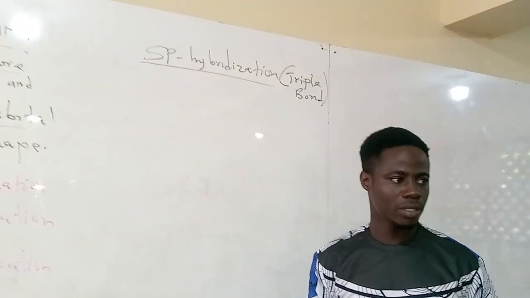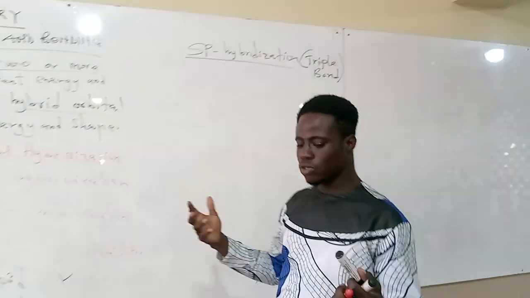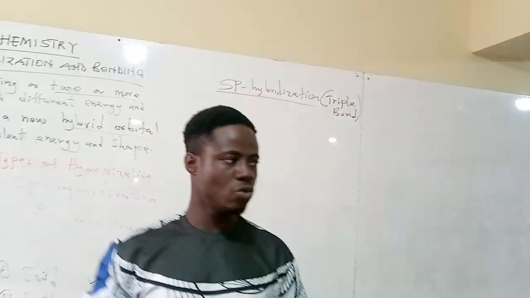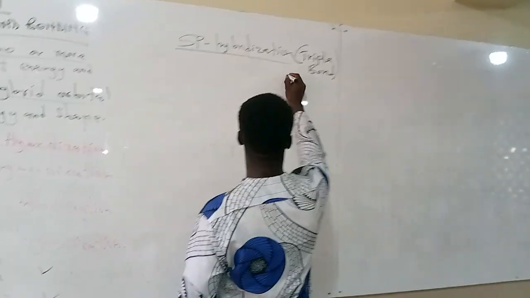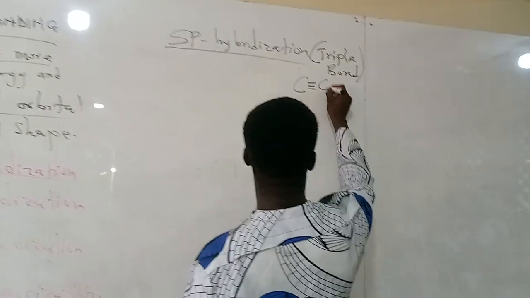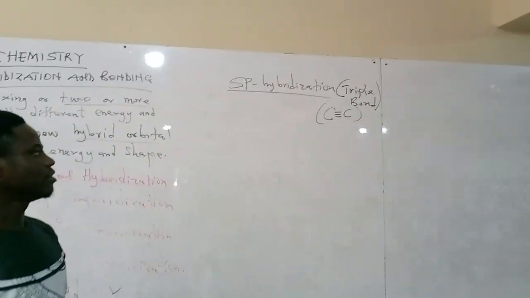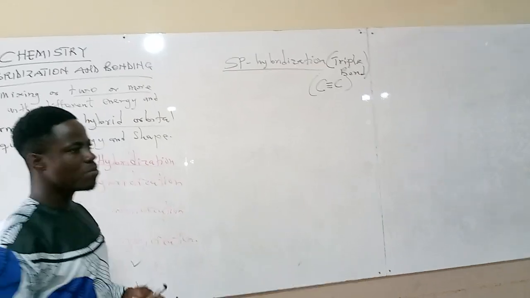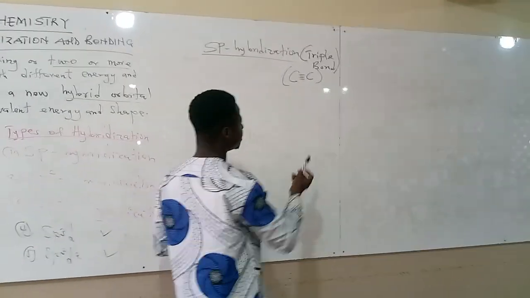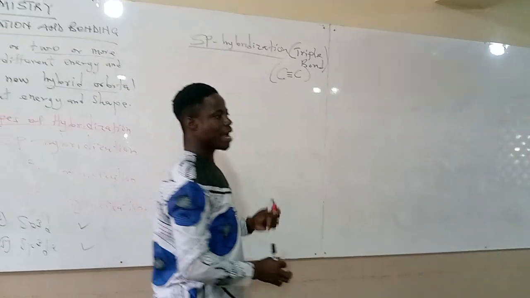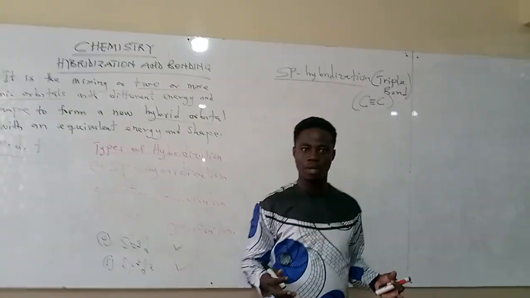A triple bond. So, when I want to use carbon-carbon to illustrate this, it means that we are going to have something like this. So this is a triple bond. I told you that hybridization occurs in covalent molecules.